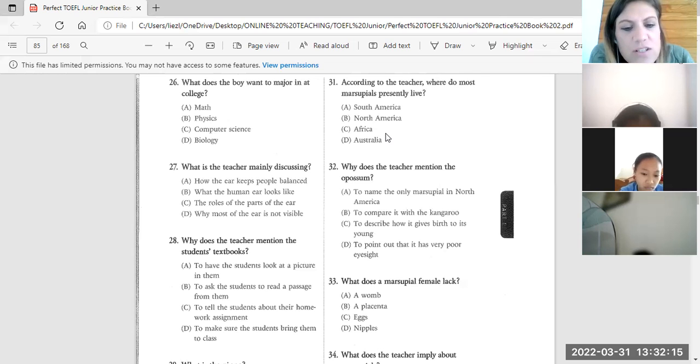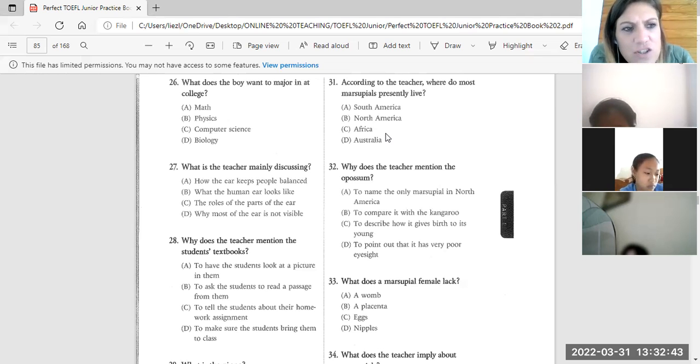Now the teacher mentions that. She says here, kangaroos, wombats, koalas, wallabies. As you might have guessed from the list I just gave you, the majority of them live in Australia. Many others are found in South America. But here in North America, the only marsupial native to this country or continent is the opossum.